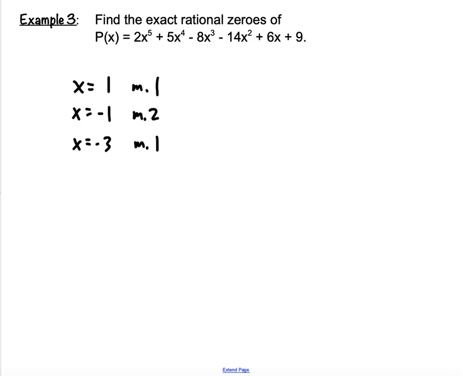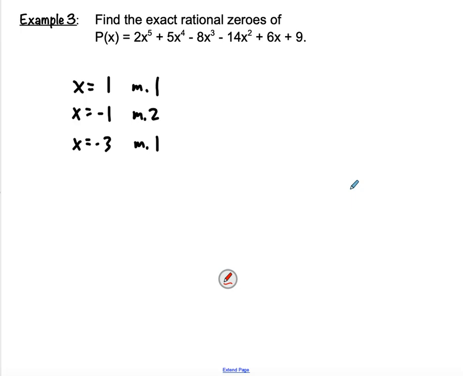So we could go ahead and use our synthetic division again. If you understand this already, you can just go on to your assignment, but that's only 4 zeros and we need a total of 5, because our highest power of x in there is x to the 5th. So we've got a total of 4 so far, we need our 5th one.